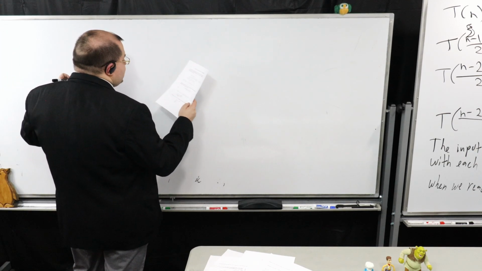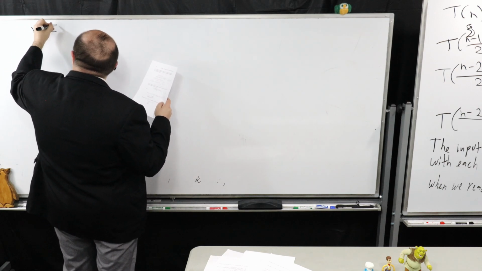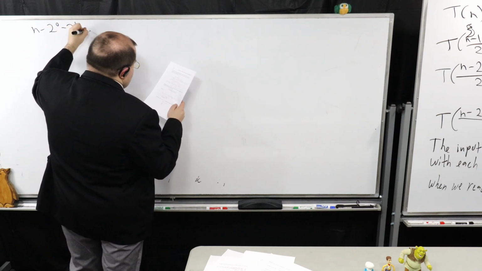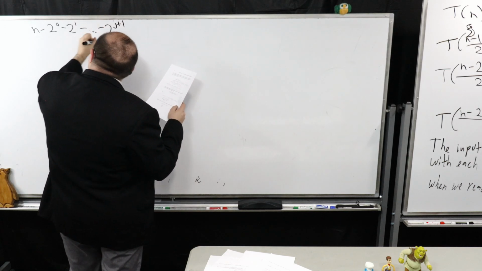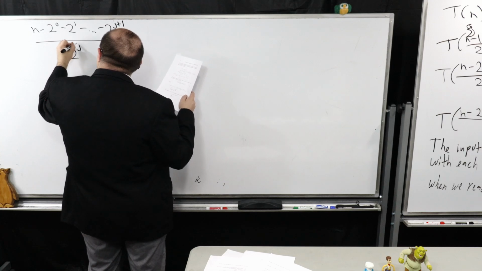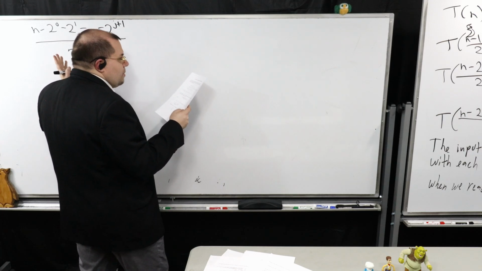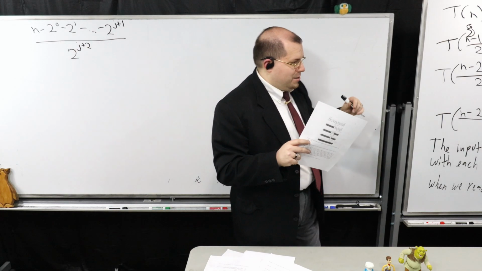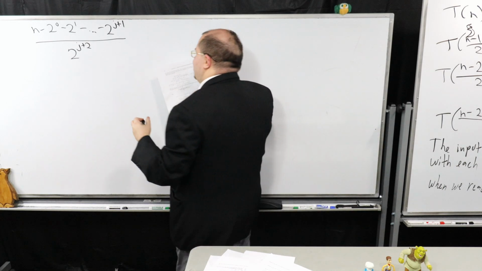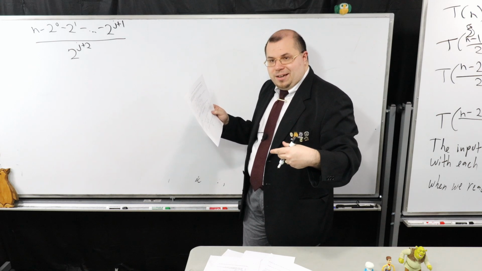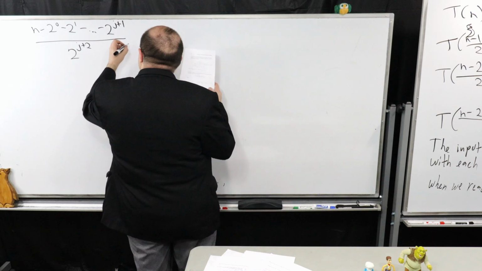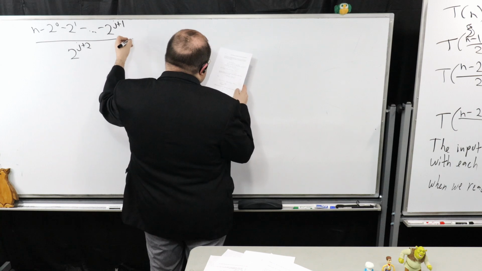So we stop this when n minus 2 to the power of 0 minus 2 to the 1, all the way up to 2 to the j plus 1, all over 2 to the power of j plus 2. Remember, this is the last right-hand side I showed you over here. That's the final one I showed you, because when that recursive call happens, you're going to hit the base case. That's the intuition behind it.